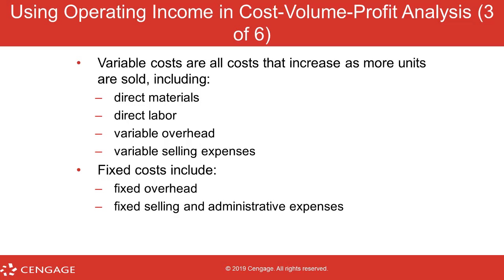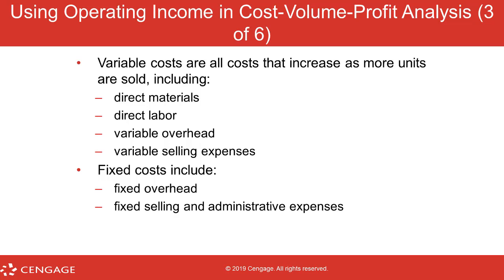That is, for every additional unit produced, your cost rises. So those include your direct materials, direct labor, variable overhead, and variable selling expenses. And some examples of that would be assembly line labor, physical material used in manufacturing the products, and sales commission.